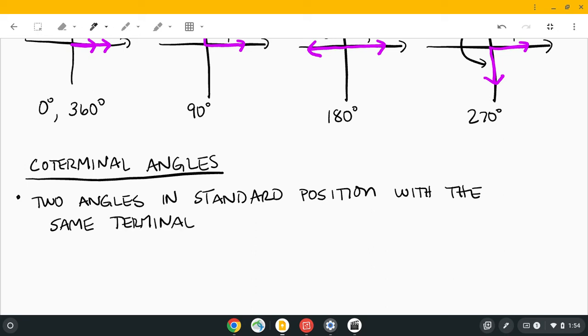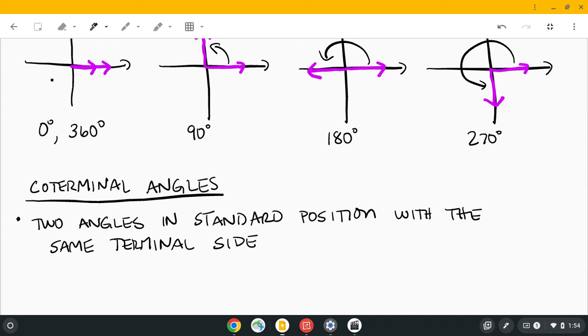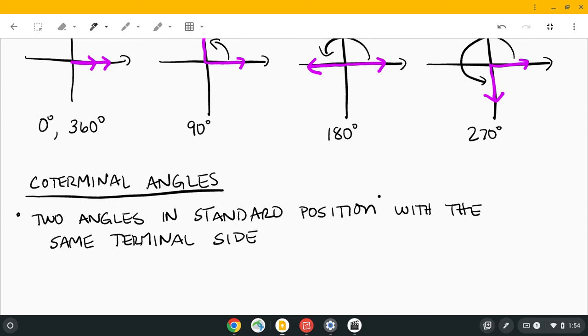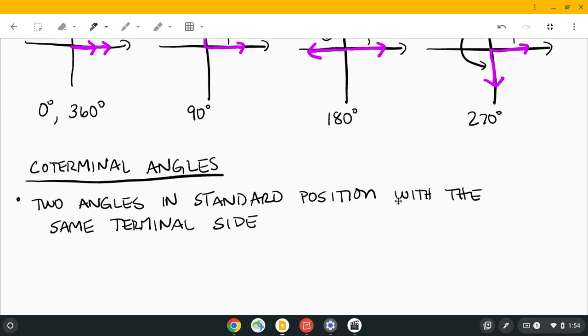So if you look above, 0 and 360 have the same terminal side. So 0 and 360 would be considered coterminal. And so we see here they differ by 360 degrees.